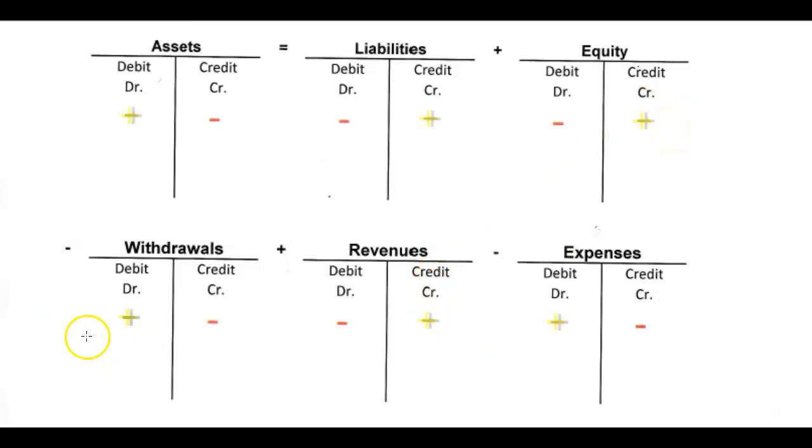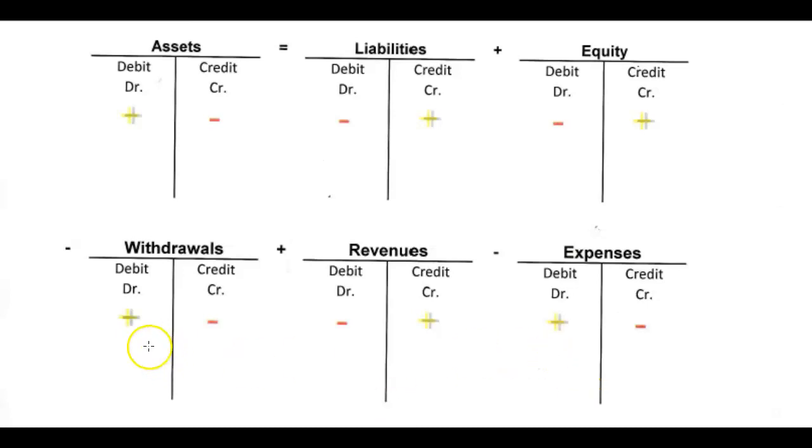Okay. Withdrawals and expenses are just the opposite. Increases are debits. That's taking money out of the business, whether you're spending money on expenses to earn those revenues, or whether you're making a withdrawal and just taking money out of the business.